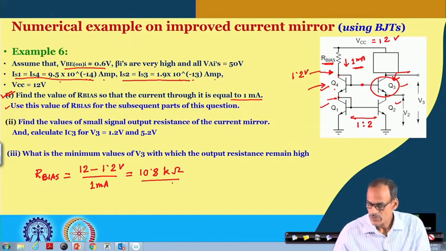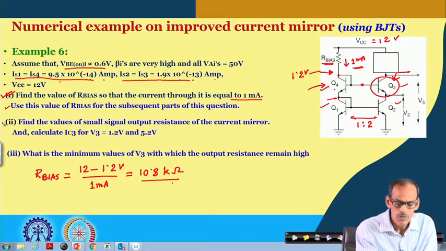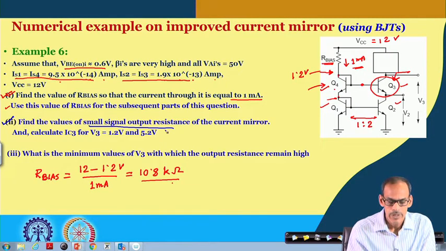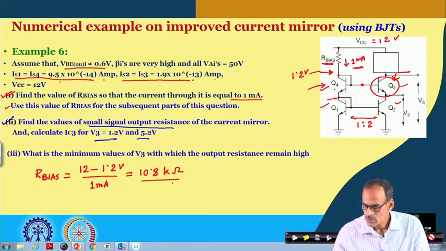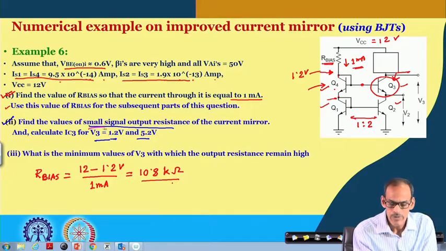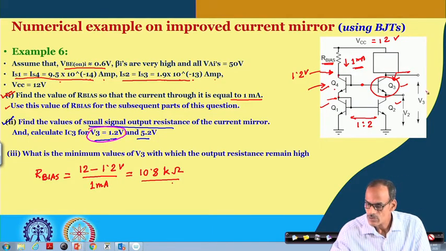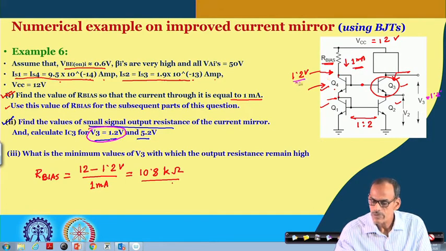Next thing is that we need to find the small signal output resistance, and then we can calculate the corresponding current here for V3 equal to 1.2 volt and 5.2 volt. So, if I consider say V3 equal to 1.2 volt, this is also 1.2 volt.